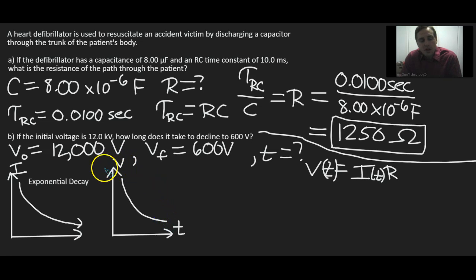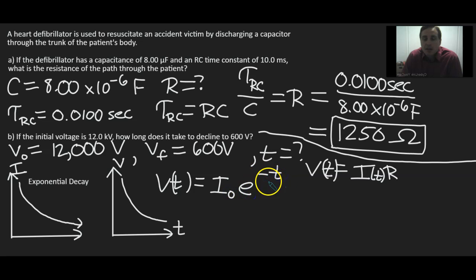Okay? Now one more thing. Do notice that we should be able to get V as a function of time by taking that electric current equation, which is exponentially decaying, and multiplying by R. So V as a function of t should be, now let's put in this expression for I as a function of t. That should be I initial e to the minus t over tau RC.